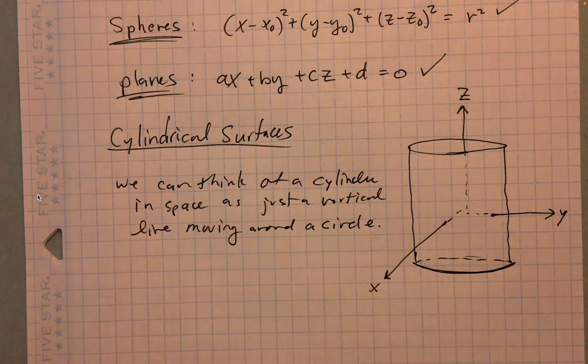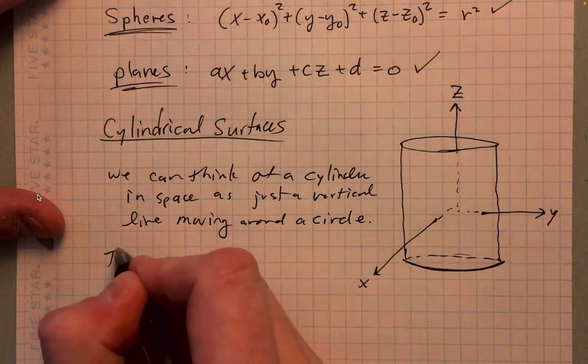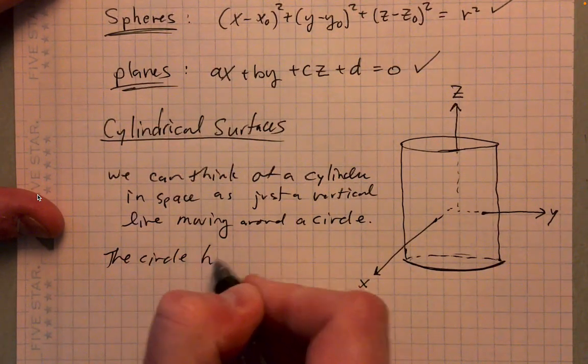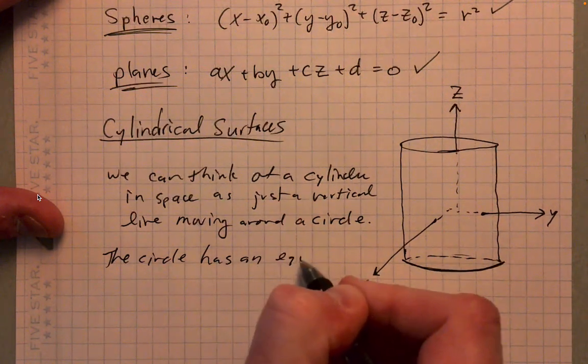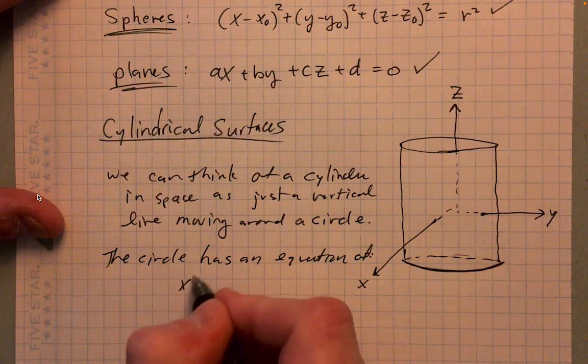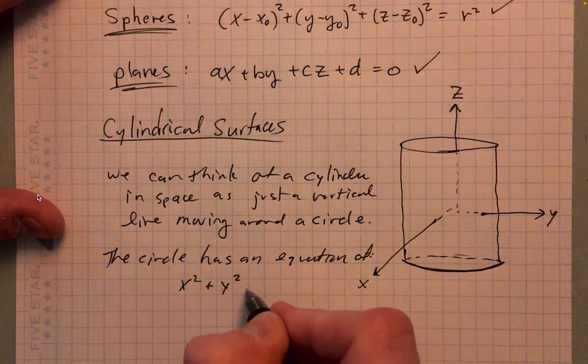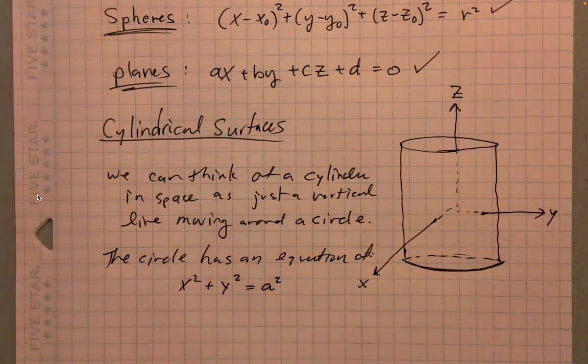So this circle has an equation. If it's in the xy plane, it's x squared plus y squared equals a squared.